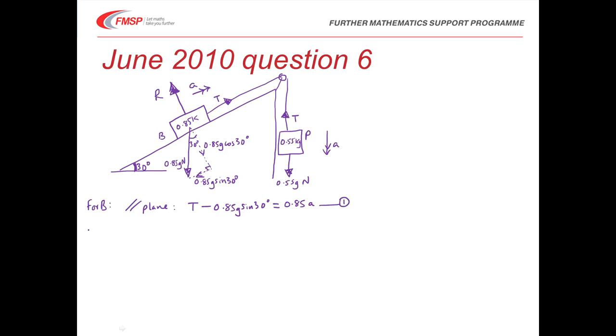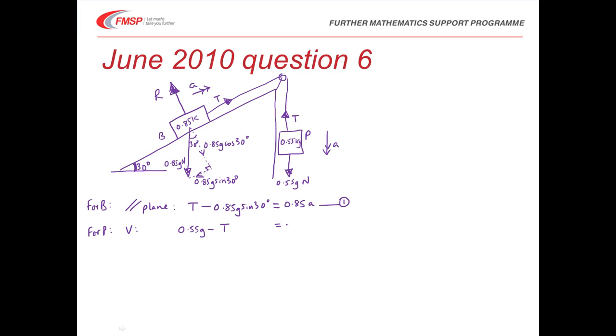Now let's consider what's happening for P. And we're resolving vertically here for particle P. Well, take the direction of the acceleration as the positive direction. So in the direction in which A is positive, we have 0.55 G downwards minus T in the opposite direction.